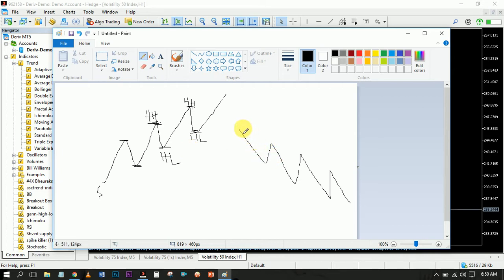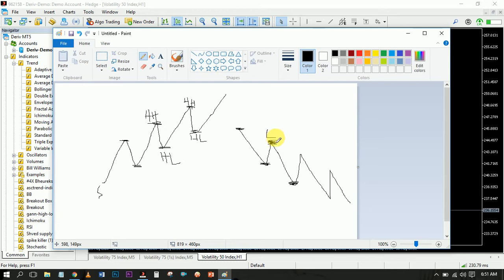Now for a downtrend, this is where the trend started. Then you can see this is your first lower high, then this is your lower low. This is the first pullback from here to here.